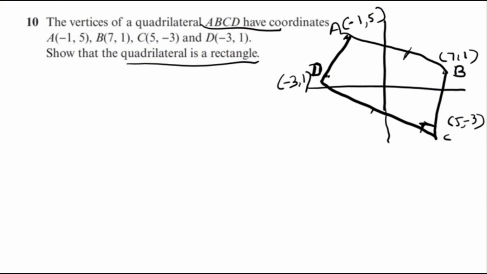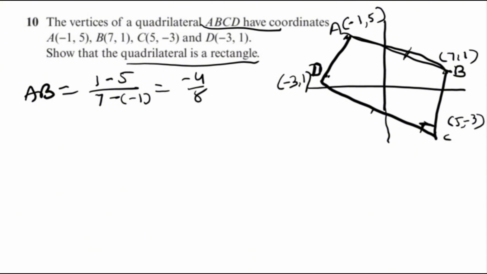Okay, so let's start. First I can see my line is AB, so I will find the gradient of AB. I know the coordinates of A and B, so I can do y2 minus y1 over x2 minus x1. That will give me minus 4 over 8, which is minus half.